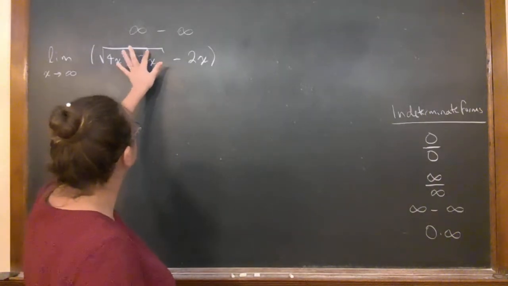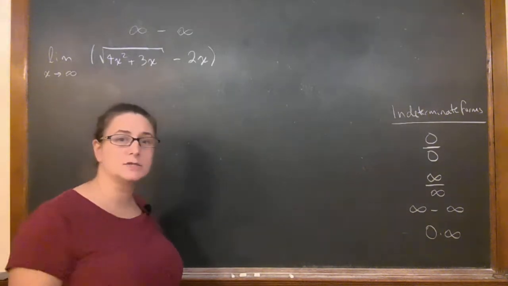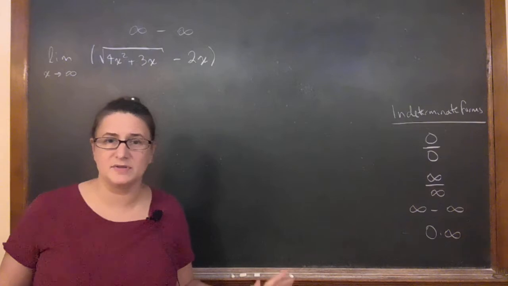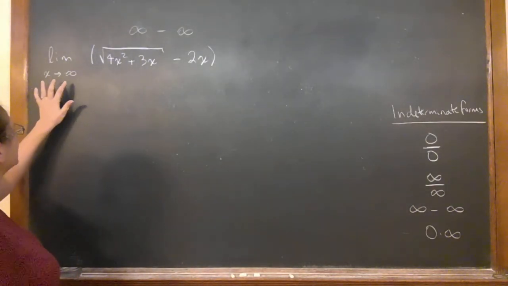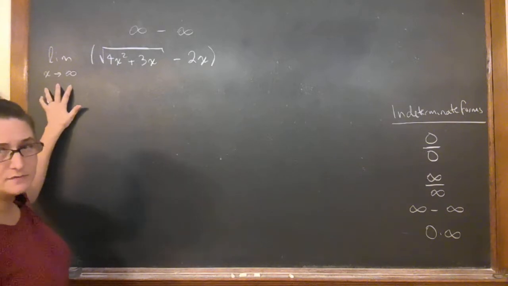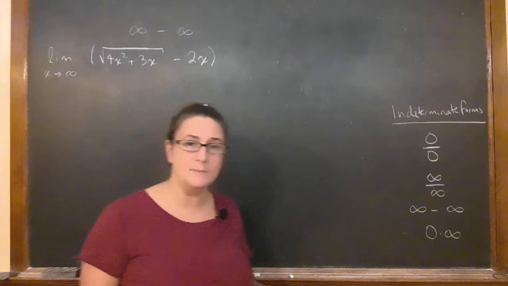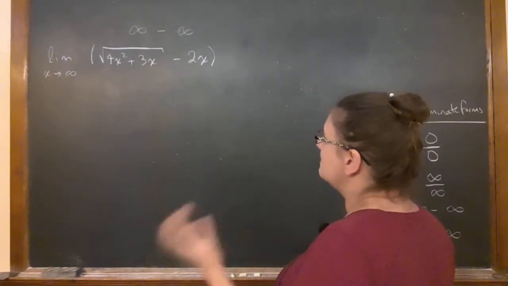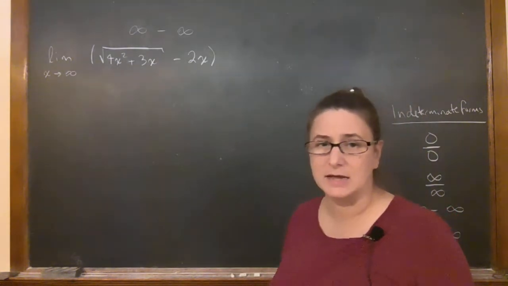This one particularly is a bit of a mess because it has that square root. Unlike one of the previous examples where we had to worry about the sign of the square root, we don't have to worry about that here because we're taking the limit as x goes to positive infinity, so that issue doesn't pop up in this particular example. But you can see that it's a weird infinity minus infinity, and we're going to have to do something with it to make it make sense.